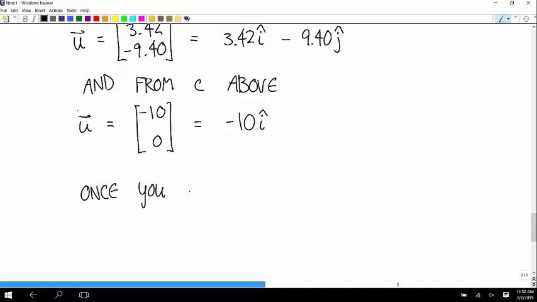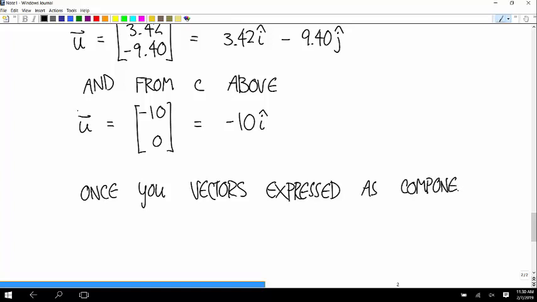Once you have vectors expressed as components, you can do mathematical operations.